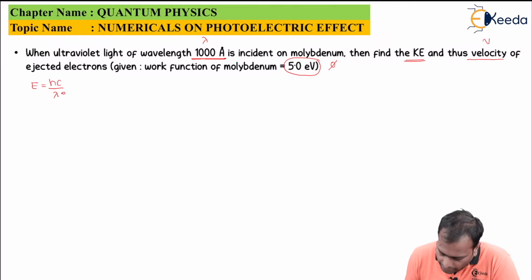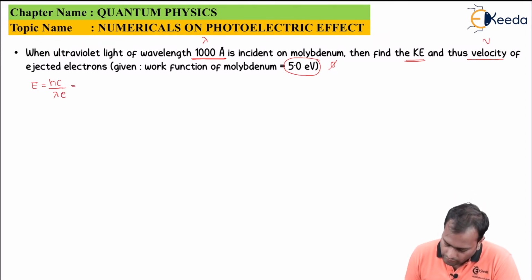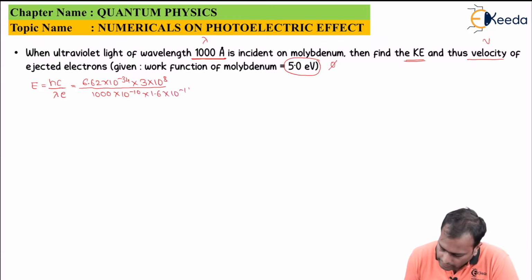So we'll be dividing it by e here itself. On solving, we'll be getting the value as 6.62 into 10 to the power minus 34 into 3 into 10 to the power 8 divided by lambda, which is given as 1000 into 10 to the power minus 10, into e, which is 1.6 into 10 to the power minus 19.